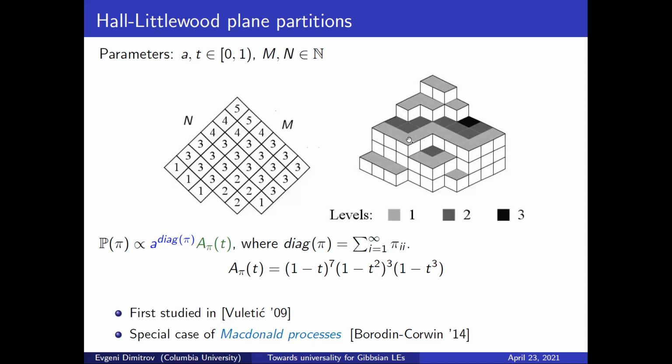This one is 2 units away, so it gets level 2, and this one is diagonally 3 units away, so it gets a level 3. When you do this coloring, you obtain connected components of the same level. For each connected component of the same level, you get a factor reflecting the level of that component.